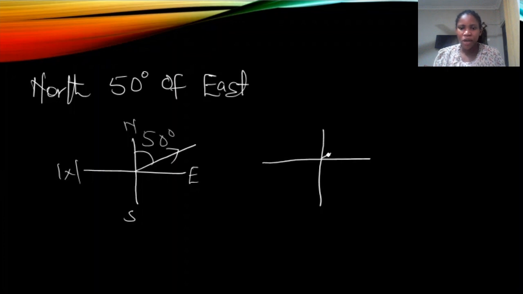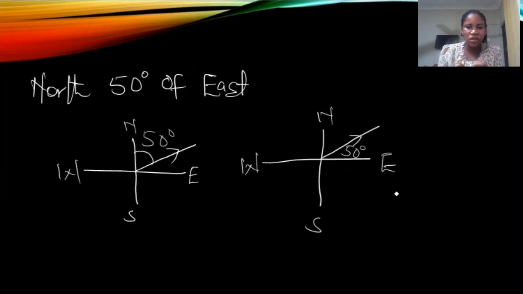Pardon me for my crooked lines. It's actually like this: 50 degrees north of east. It's actually 50 degrees from east rather, going to the north. So always have that in mind.